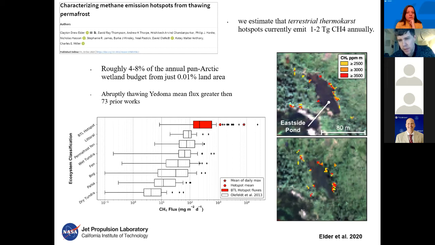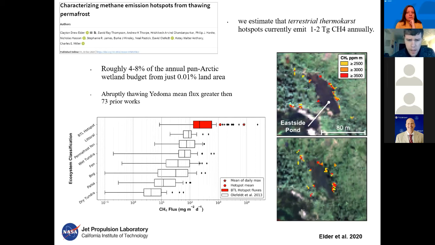So it seems that the closer we look at these extreme methane emissions that were not detected before, the more we find. You can see here 3,000 ppm, that's like 50,000 milligrams per day, right? So orders of magnitude higher than what most ecologists study.